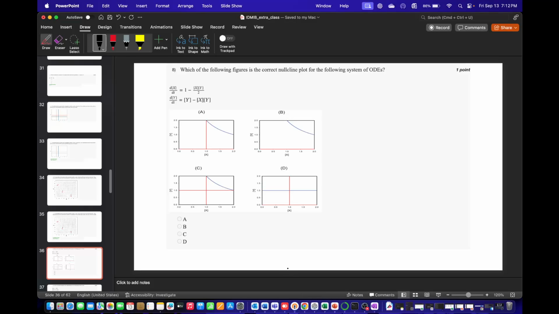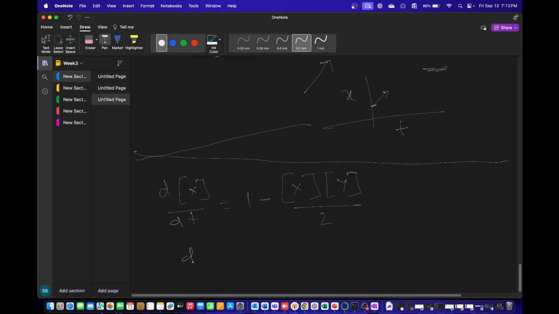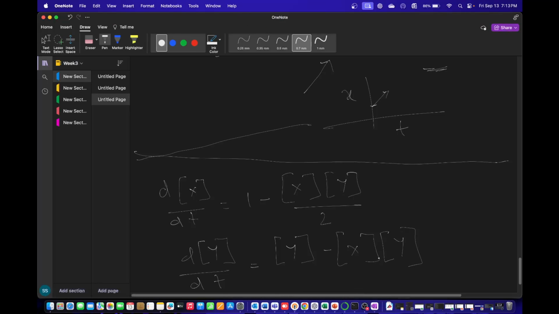dx/dt equal to 1 minus xy by 2, and dy/dt is equal to y minus xy, right? I hope I've written correctly. Okay.